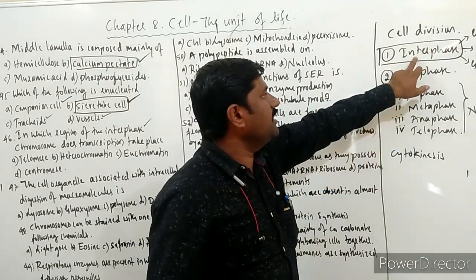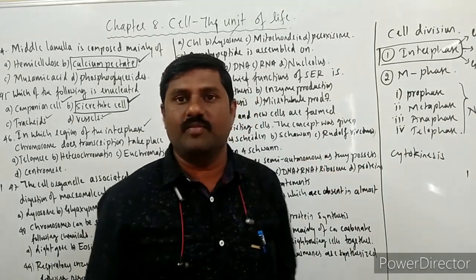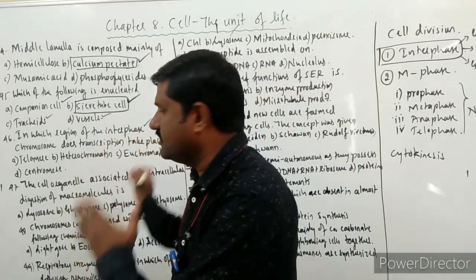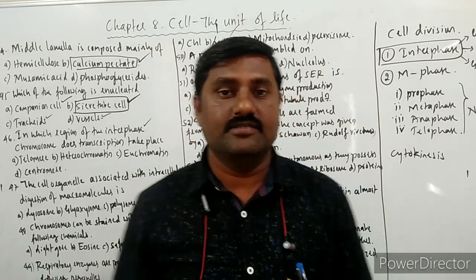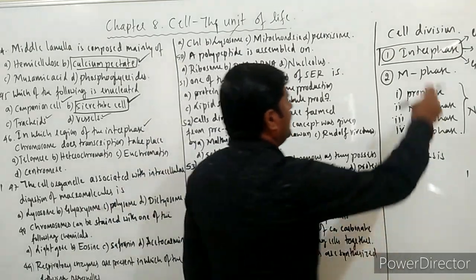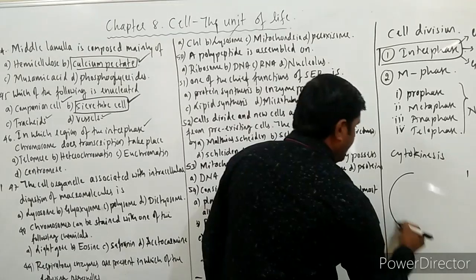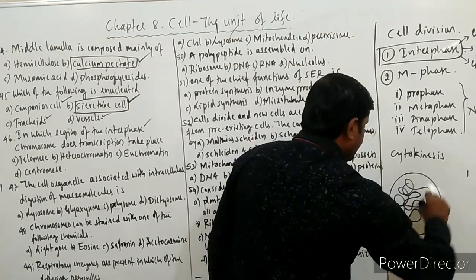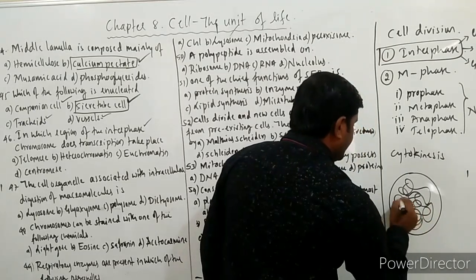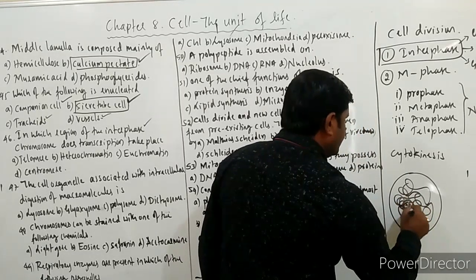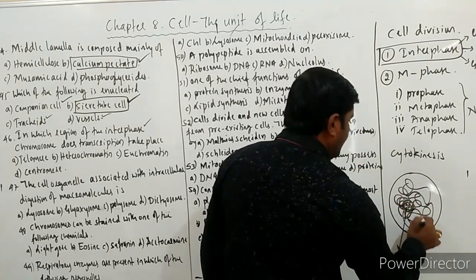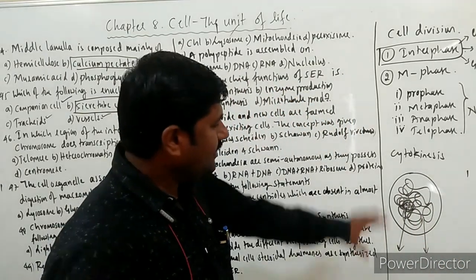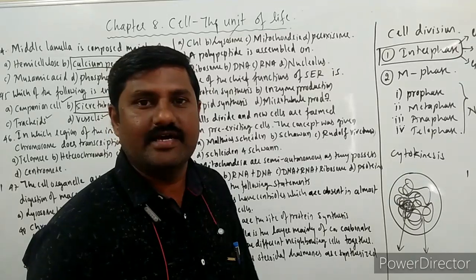So in this interphase, which chromatin material helps in transcription is the major concept of this question, right? So let us see, in interphase what happens inside the nucleus, there the chromatin material is present, lying inside the nucleus, and somewhere it is a highly coiled structure and somewhere it is a loosely coiled structure, right? So I have already cleared this one.